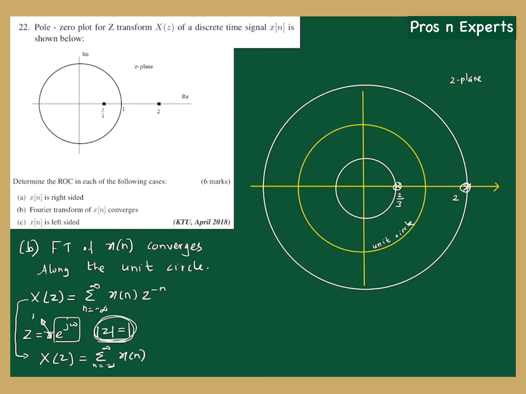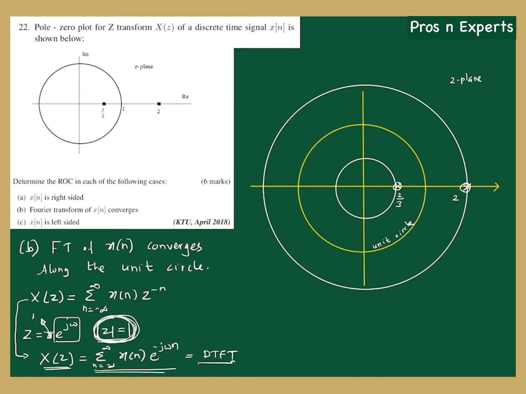So e raised to j omega to the power minus n, or I can write it as e raised to minus j omega n. Okay, and what is this equation? This equation is nothing but the DTFT. So we can conclude that DTFT is nothing but the Z transform evaluated along the unit circle. Mod z equal to 1 means it is a unit circle in the Z plane.